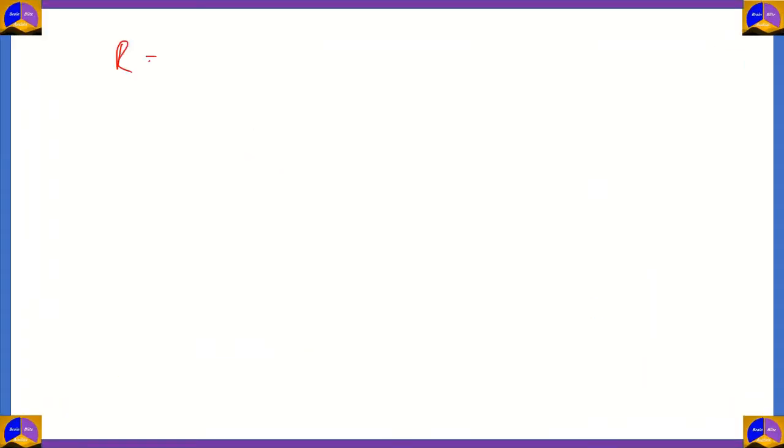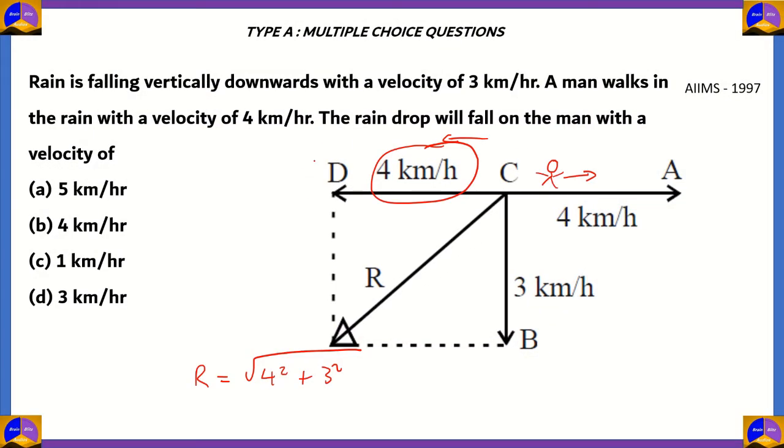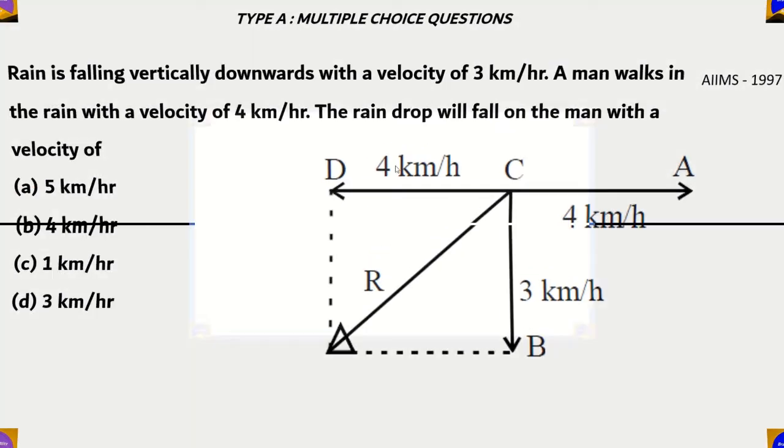Therefore the value of R will be the root of 16 plus 9, that will make it root 25. Root of 25 is 5, so the resultant is 5 kilometers per hour. Therefore, the right answer to this question is option A, 5 kilometers per hour.